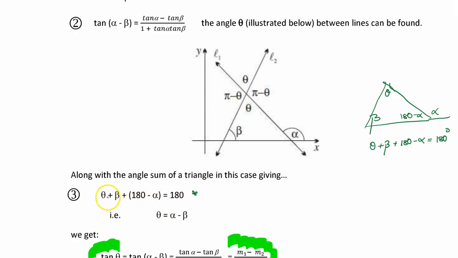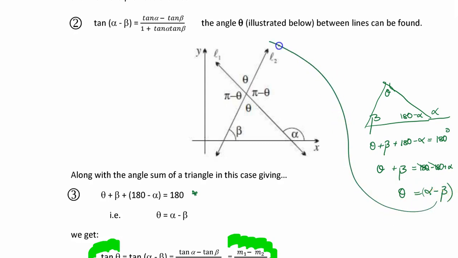Doing a bit of tidying, we would have theta plus beta is equal to 180 minus 180 plus alpha, and 180 minus 180, and we want an expression for theta, and it works that theta is alpha minus beta. Now, theta is alpha minus beta.